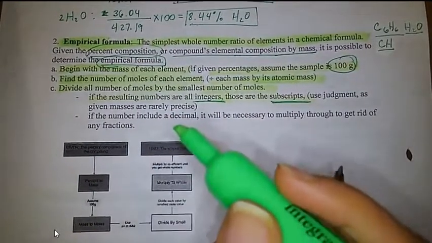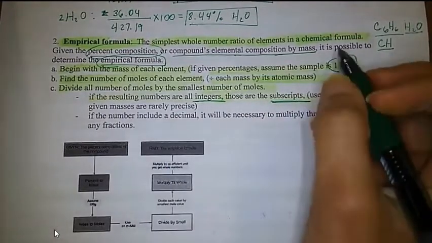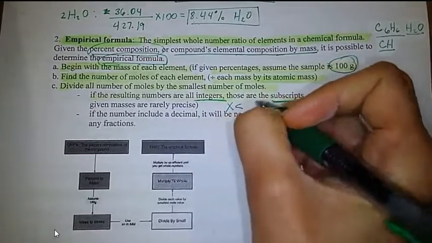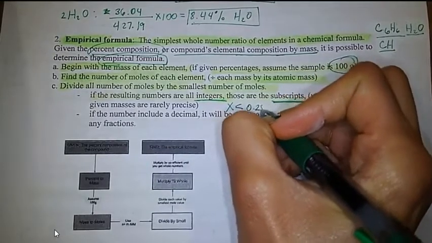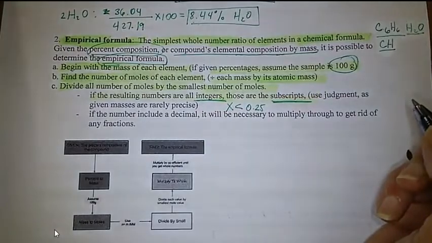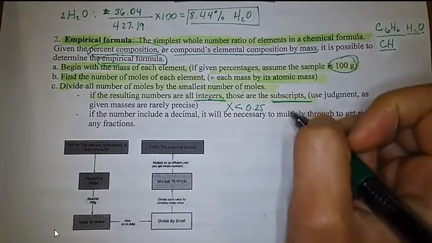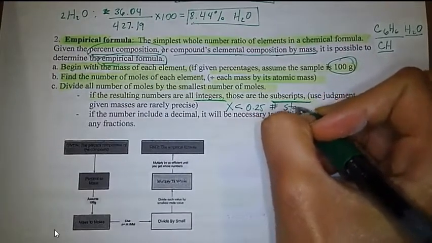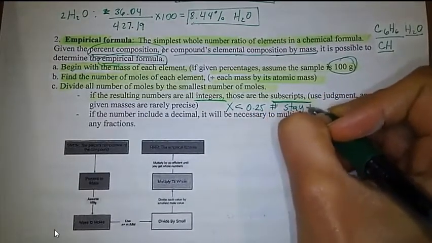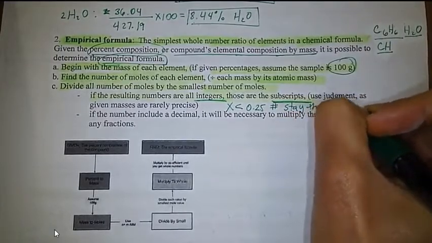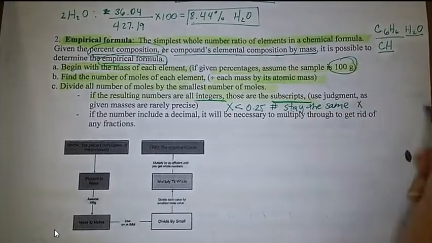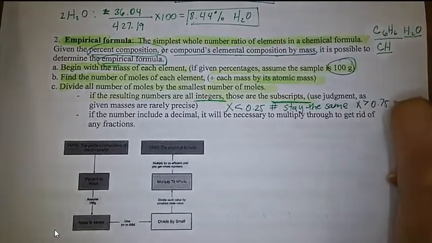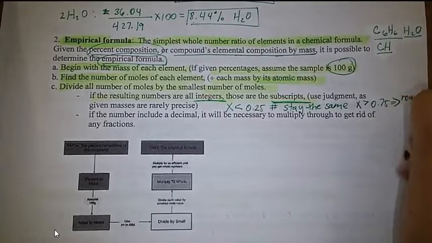If the numbers, on the other hand, let me go back. If x happens to be close to an integer, such as 0.25 or less, then the number will stay as it is. If the decimal happens to be greater than 0.75, then you're going to end up rounding up.